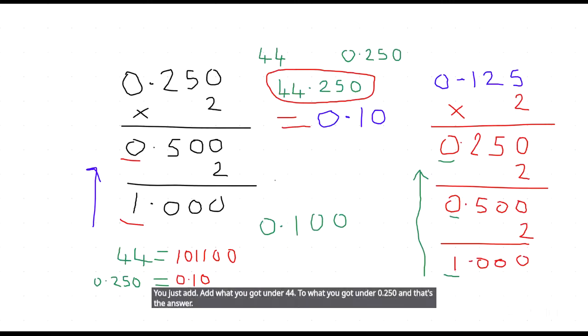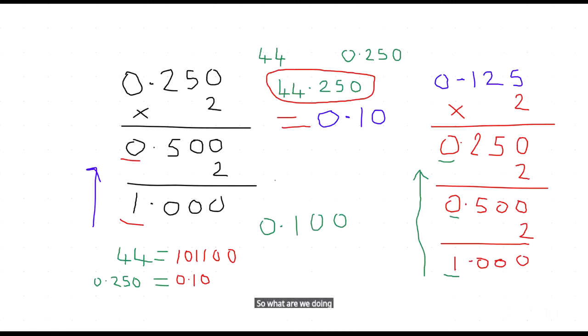So what are we doing? 101100 plus 0.10. You add, you get 101100.10.